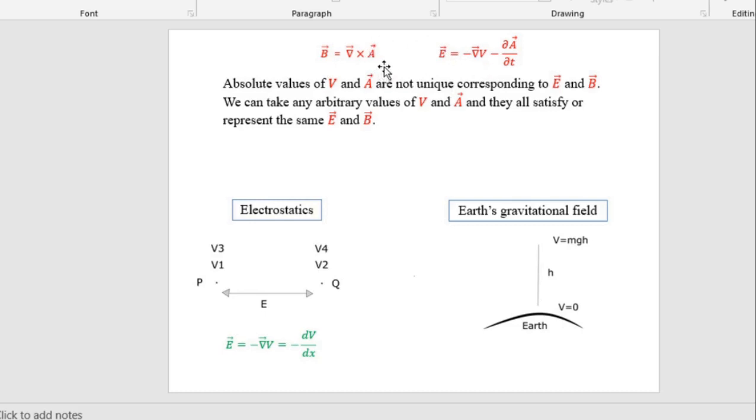We can take any arbitrary values of these potentials and it will have no effect on these physical fields E and B. That means we can take any arbitrary values of these potentials and all of them will represent the same electric field and the same magnetic field.